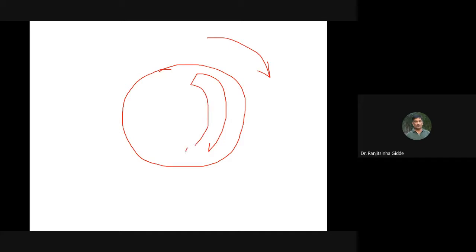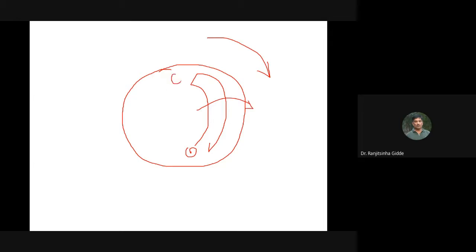So this is a rotating drum and it is rotating in the clockwise direction. So I will just draw the shoe. This one is the shoe. It is expanding in this direction.